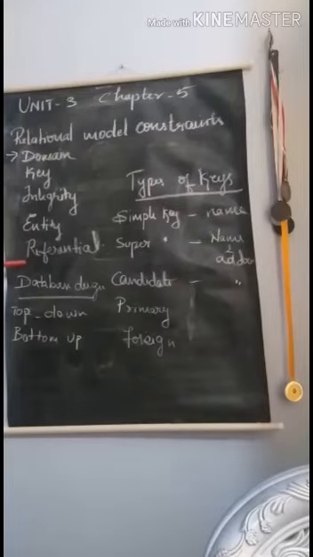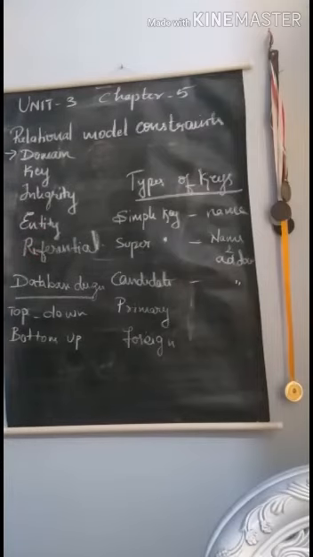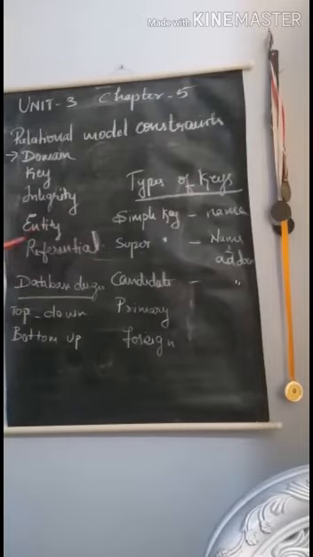And the last type of the relational model constraint is the referential constraint. The referential integrity constraint specified between two relations is used to maintain the consistency among tuples in the two relations. We have experienced this referential key in the lab.